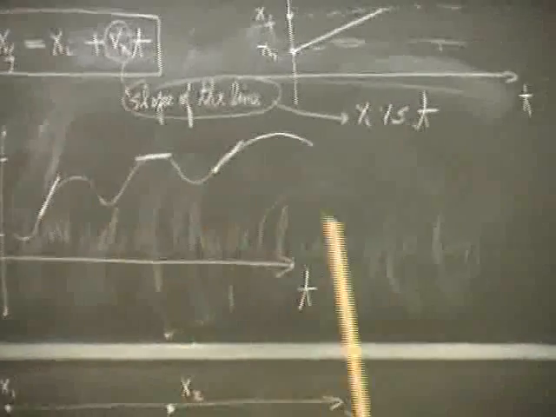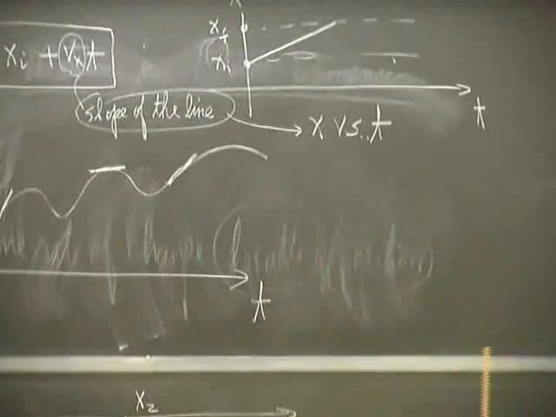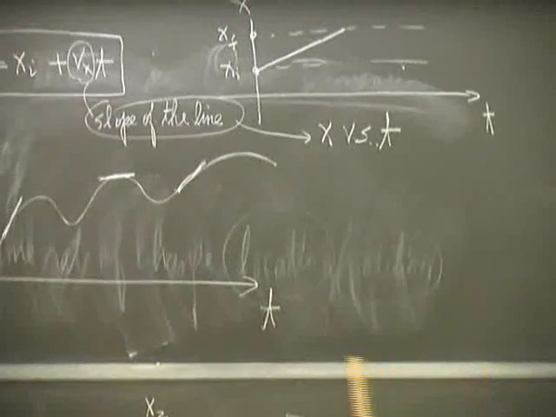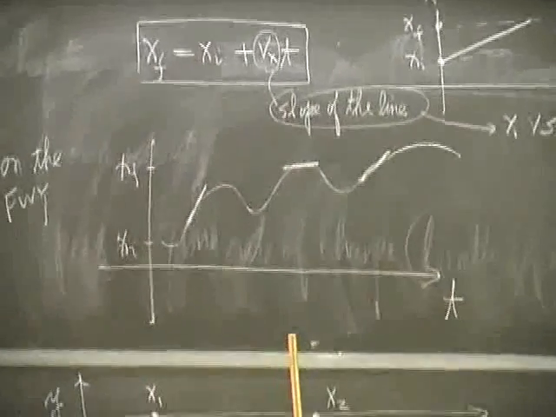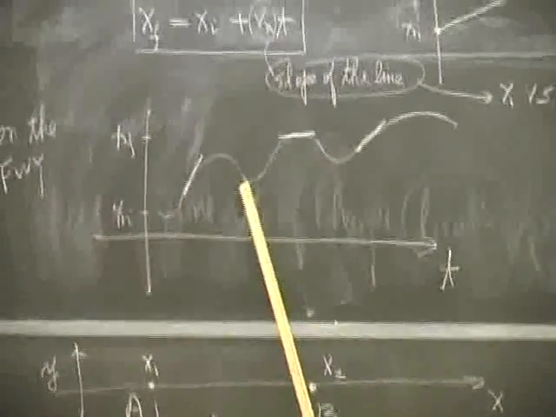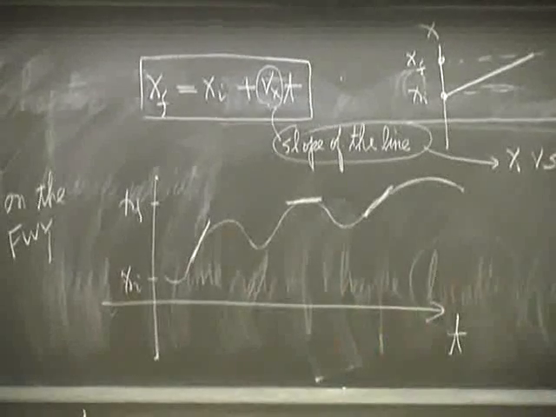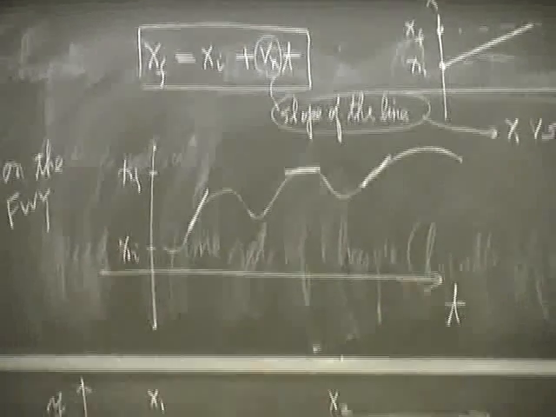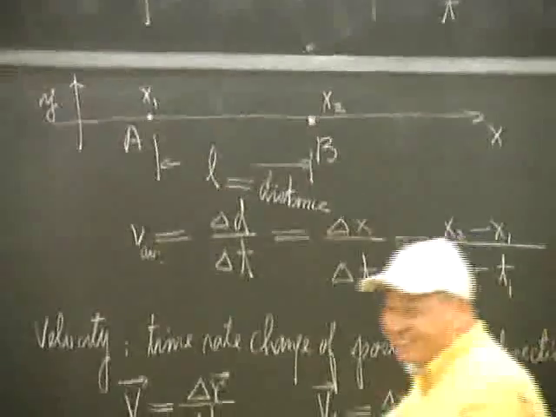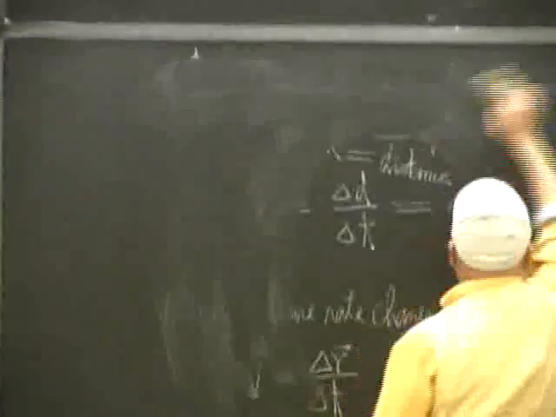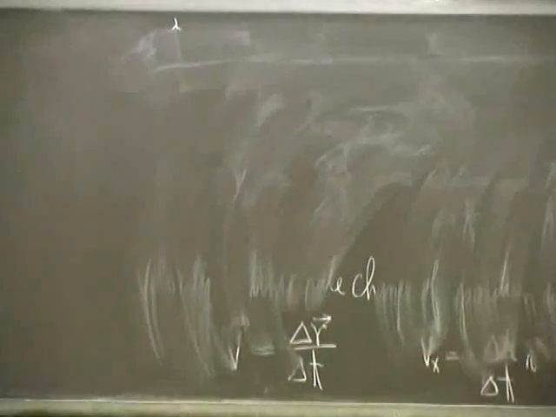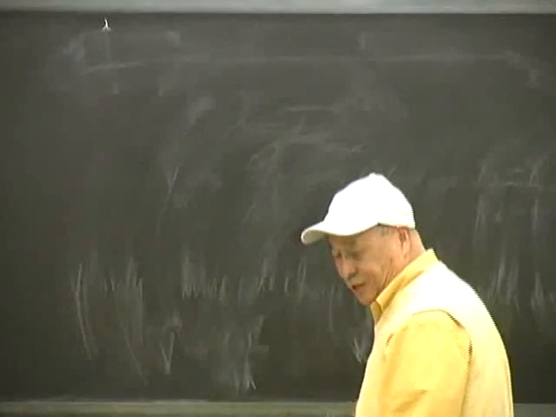So what causes the uneven speed, meaning the speed is not constant? It is called acceleration. Yes, thank you. So we have another term called acceleration.